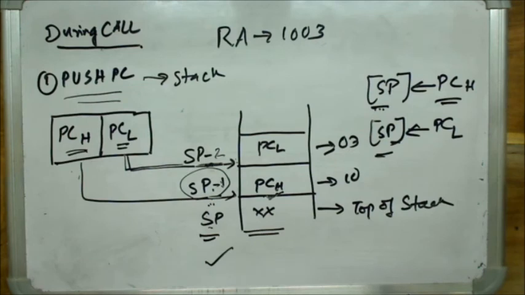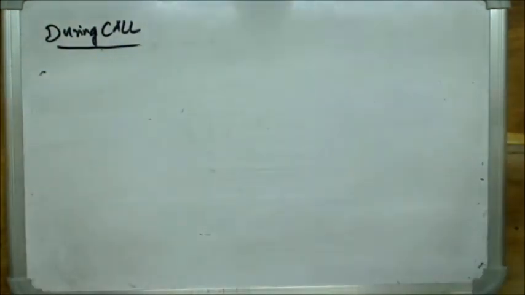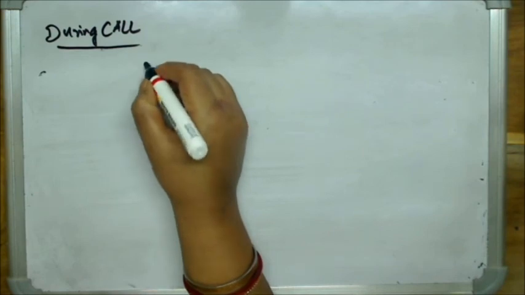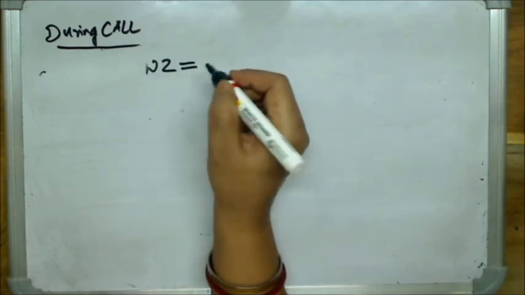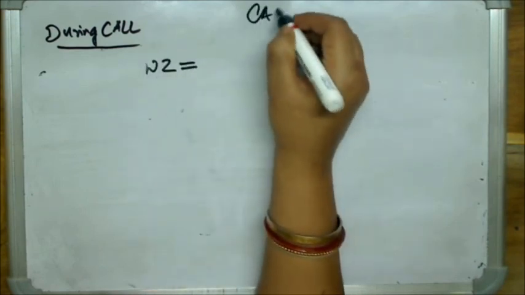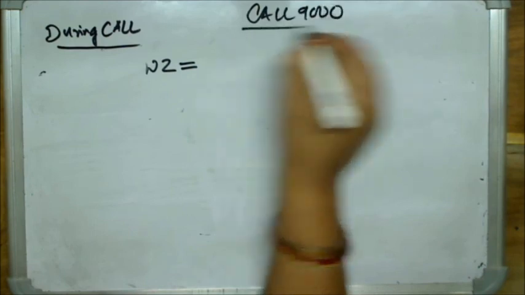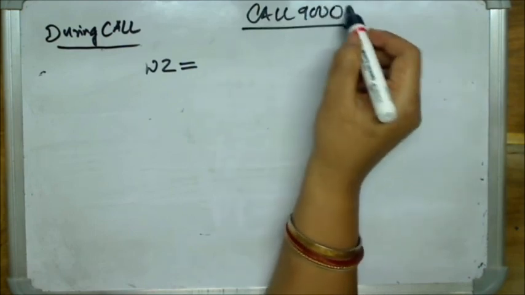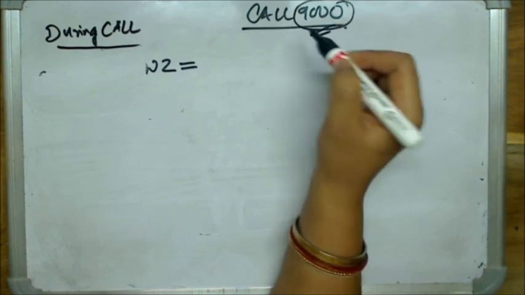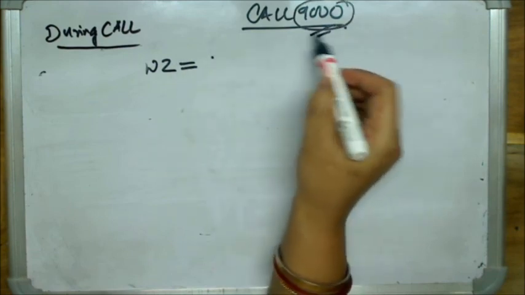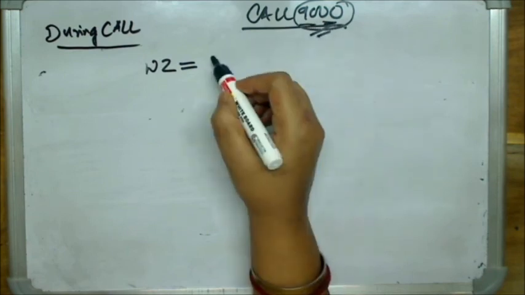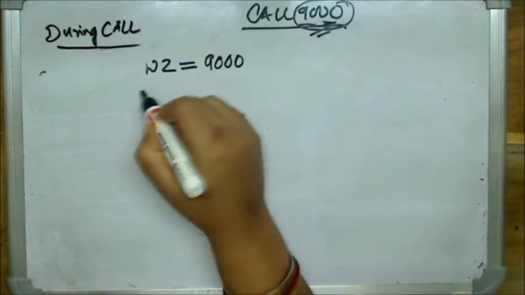Then in the second step, what happens? Simply the PC will get the number from WZ. Suppose you have written call 9000, so this is the subroutine address. When this instruction was fetched, the lower byte and the higher byte were stored in the WZ register temporarily.